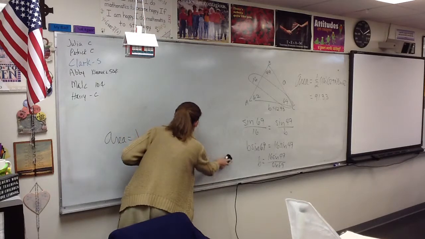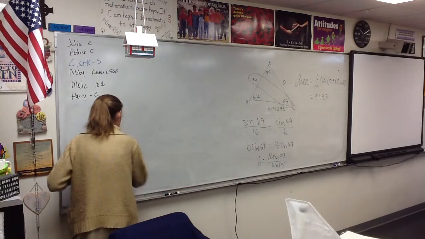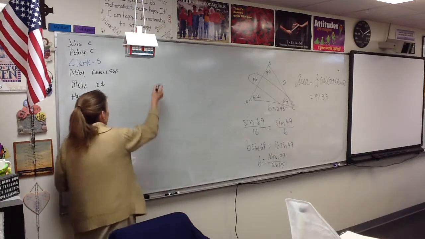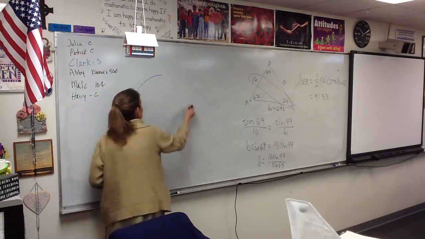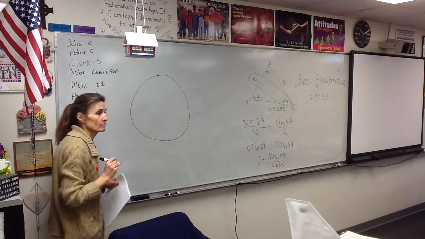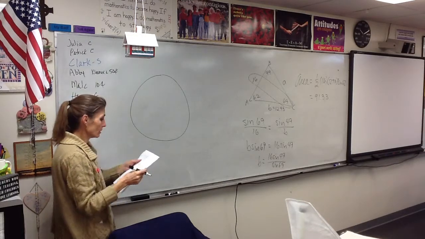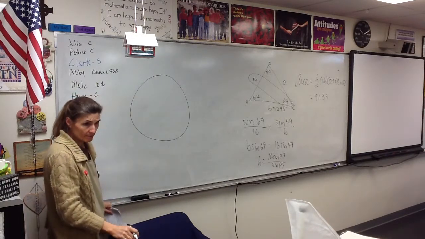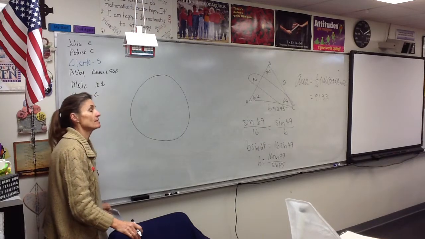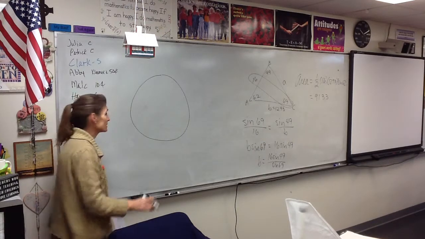So let me just draw a picture of the scenario. I have a circle. Inscribed in the circle is a hexagon. How many sides does a hexagon have? 6.